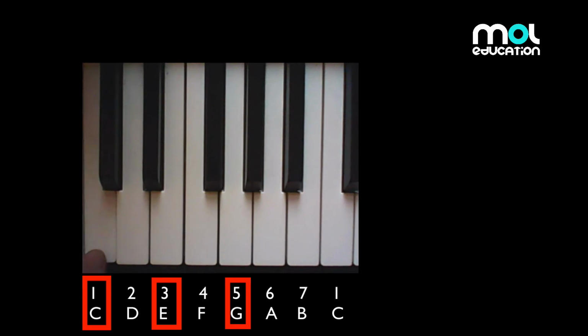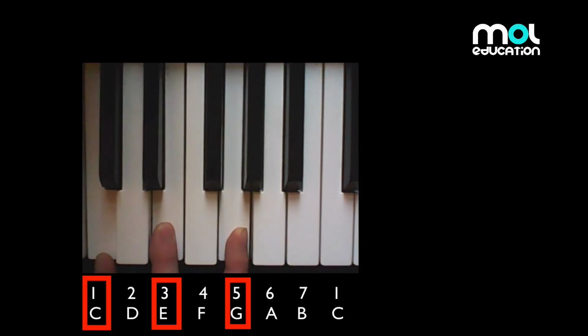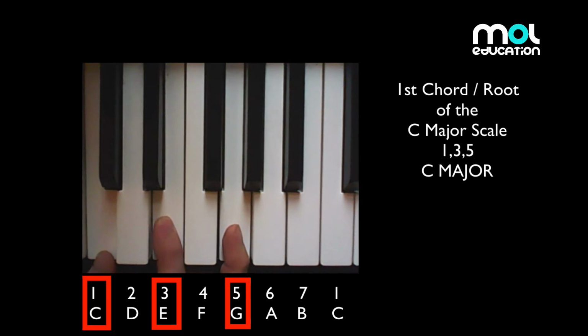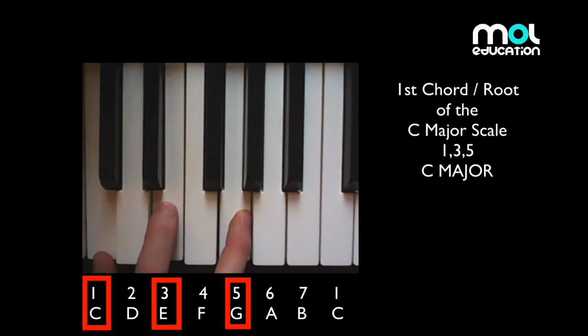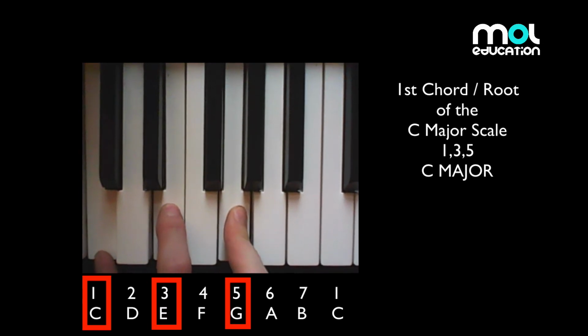So we're getting 1, 3, and 5. This is what's called the first chord of C major. It's a 1, 3, 5, it's a triad, and the chord is actually a C major.